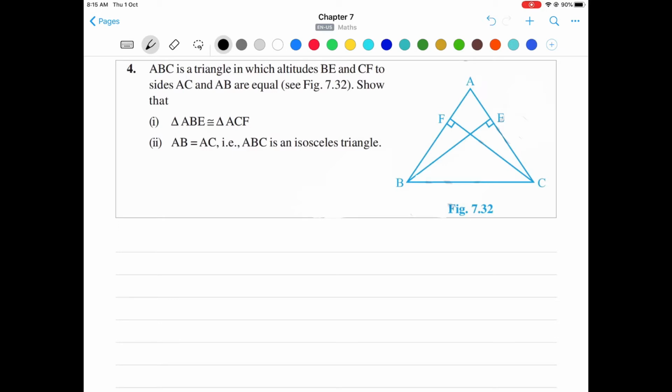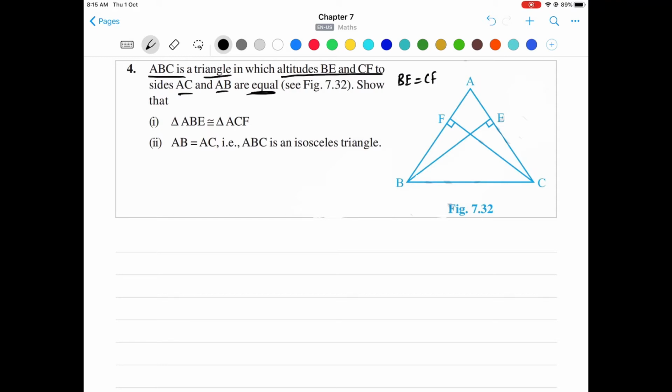The thing here is, we have a triangle ABC. This time it's not mentioning whether this triangle is an isosceles triangle or not. It's just simply saying ABC is a triangle in which altitudes BE and CF to sides AC and AB are equal. So this time we are given that BE is equals to CF.